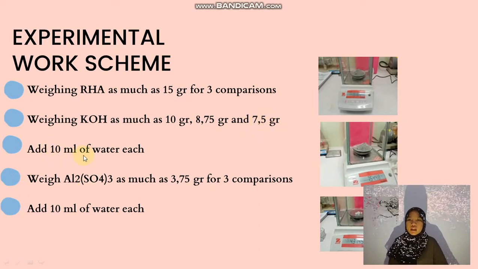Add 10 ml of water each. Weigh Al2(SO4)3 as much as 3.75 grams for 3 comparisons, and then add 10 ml of water each.